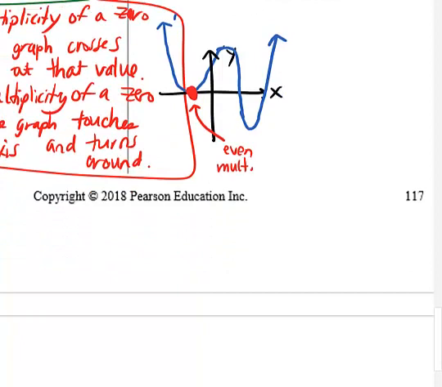It touches the x-axis, but it comes back up. But the other two x-intercepts must be odd multiplicity. This graph I just made up, so it's not from anywhere, just a visual way to see it. And that's because the graph goes straight through those x-intercepts. It doesn't just touch and then come back up.